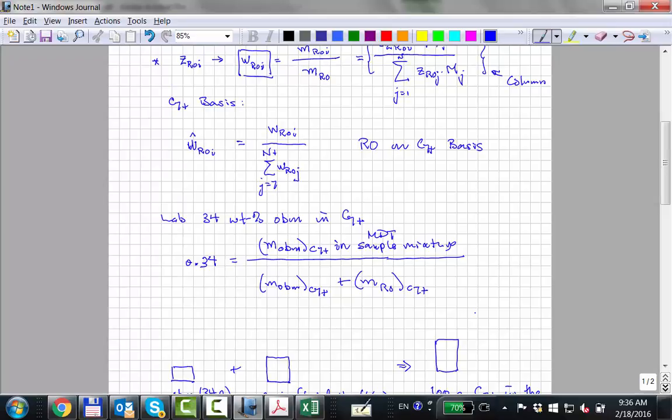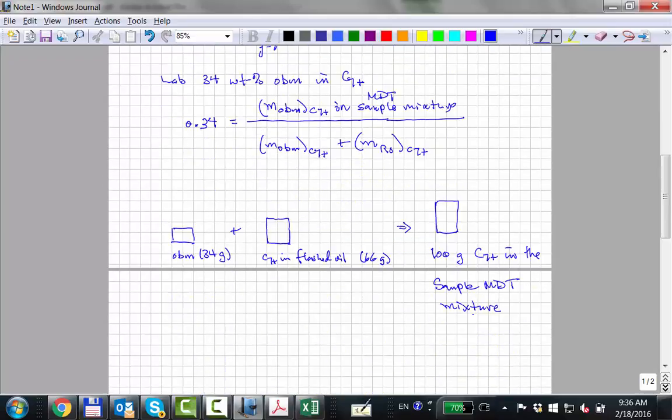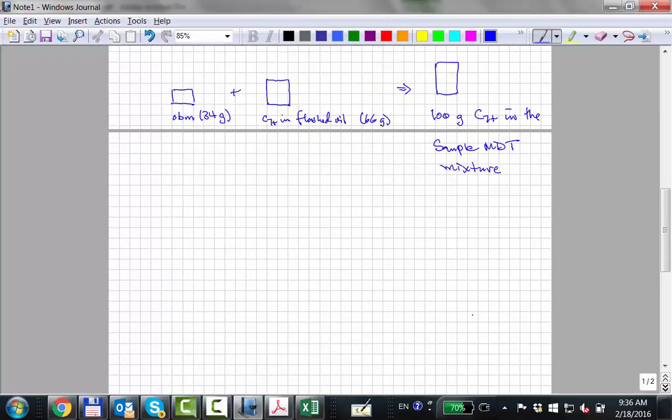Have I lost anybody? So we can calculate, I'm just going to call it MDT sample, even though I shouldn't.